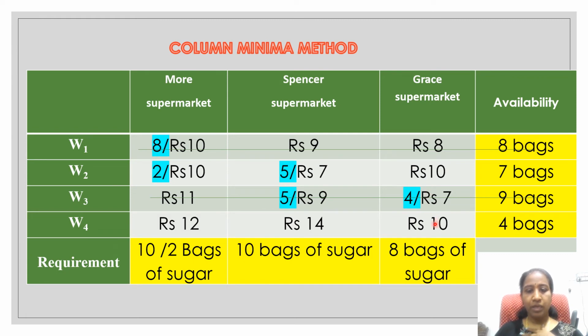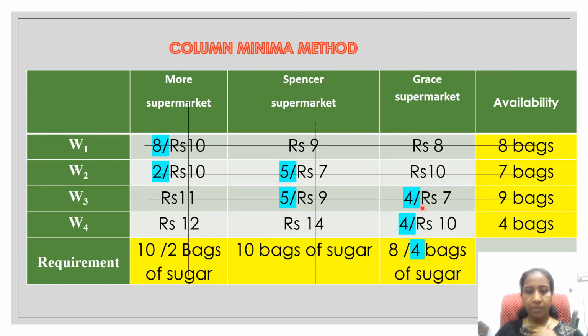In the third column, since I have written 4 here, 8 minus 4, the balance requirement is 4, so I write 4 here. Coming to the last allocation, the other rows are cancelled out and only this is remaining.